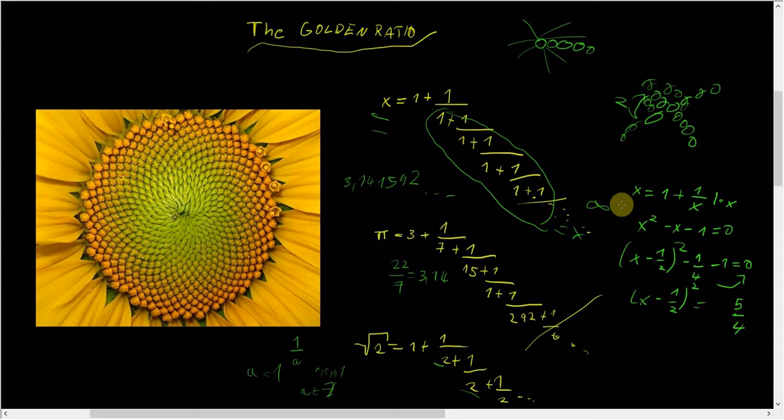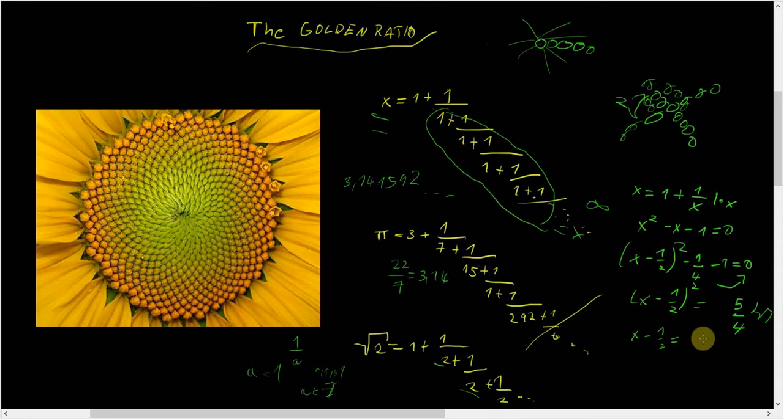And what I can do is take the square root, because this is to the power of 2. So I'm going to take the square root, and my x minus 1/2 is going to be equal to the square root of 5/4. Now you could ask, what is the square root of 5/4?